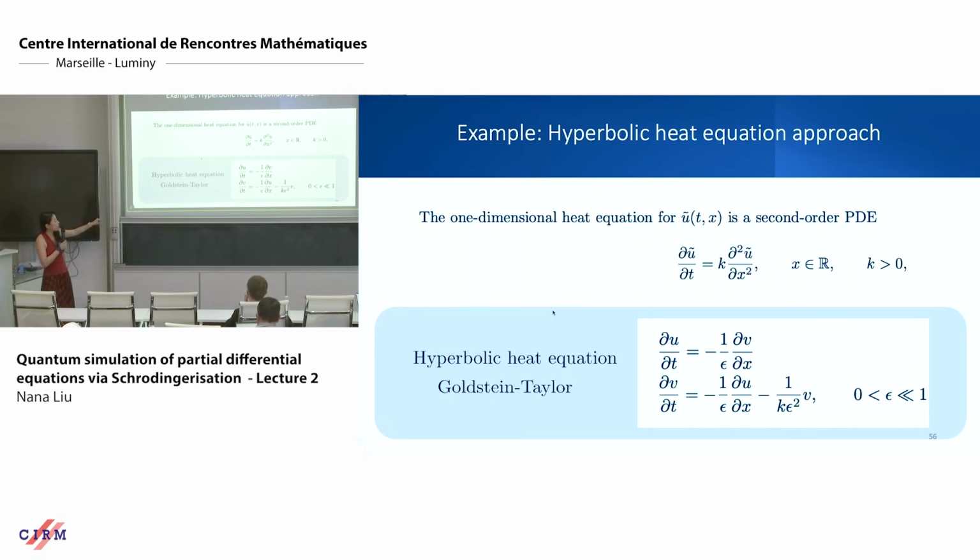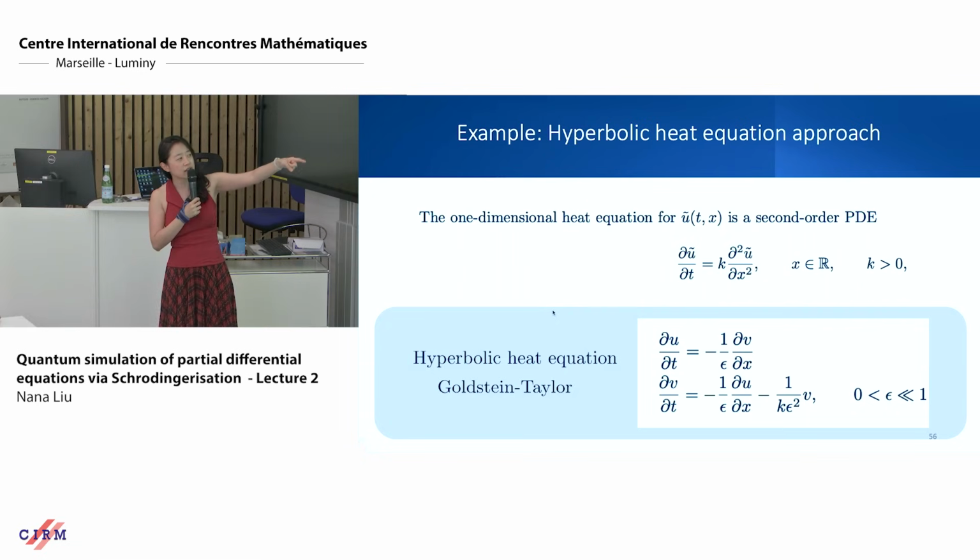The good thing, at least algorithmically for us, is that the hyperbolic heat equation, sometimes called the Goldstein-Taylor equation, now has first order derivatives. When you have first order derivatives, that's only one p hat factor, instead of p hat squared.